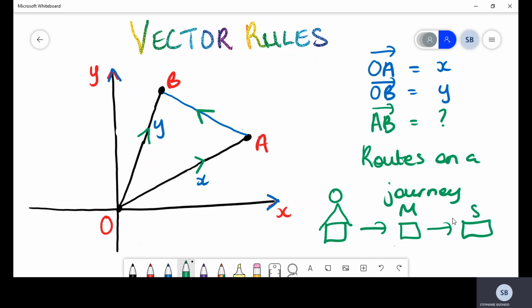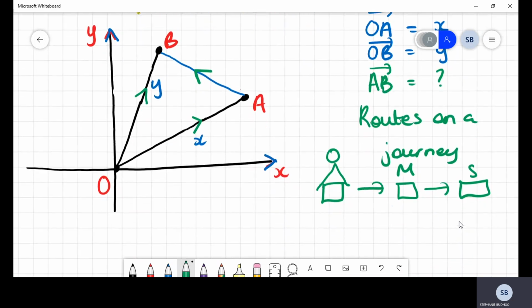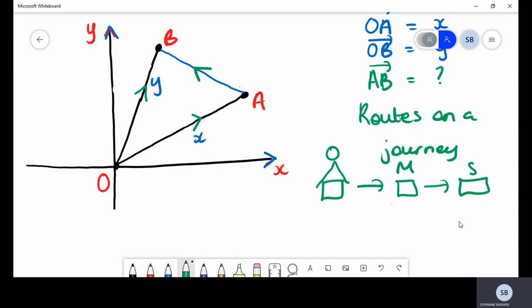If I used my knowledge of vectors to represent this route, I could safely tell someone, I started from my home, point O, and I stopped at the mall in that direction. If the distance from home to the mall is 5 miles, then the vector OM would be equal to 5.